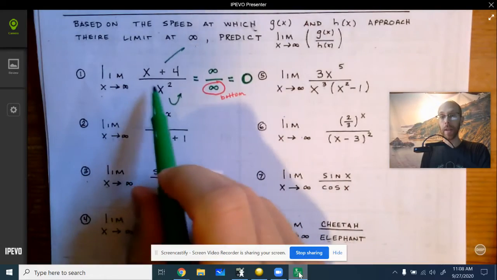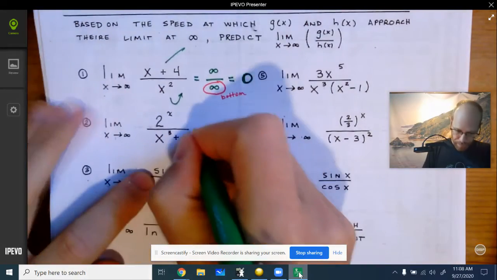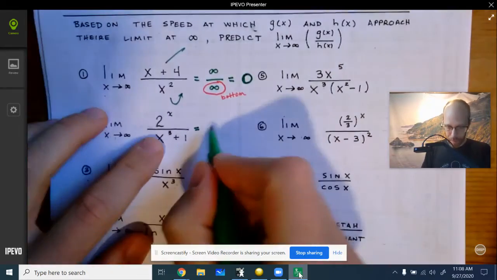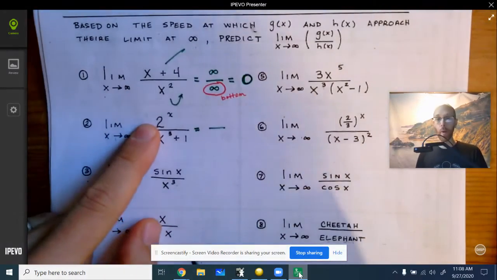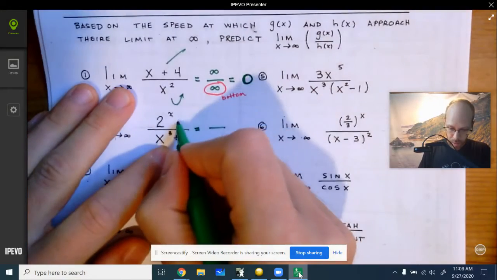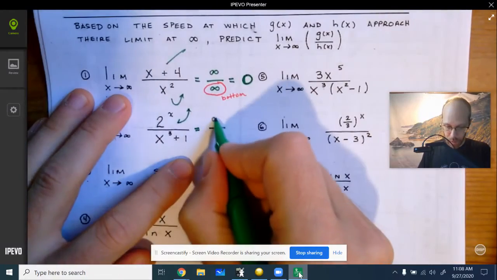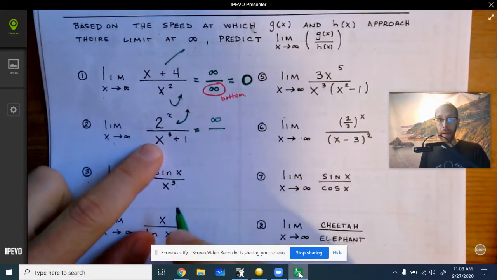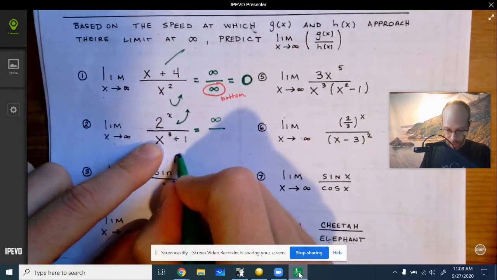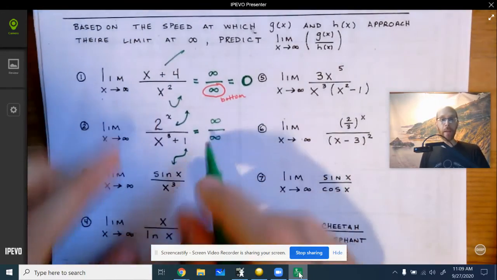You can punch this into your calculator. You'll see it approaches 0. Let's do another one. Second one, we say numerator: 2 to the x is exponential growth. So that's going to infinity. Denominator is a cubic function. They also go to infinity. So it's infinity over infinity.